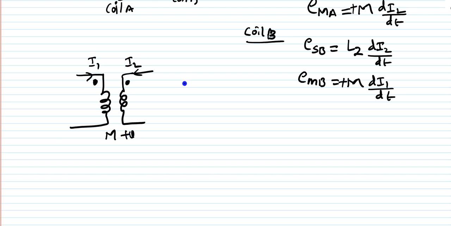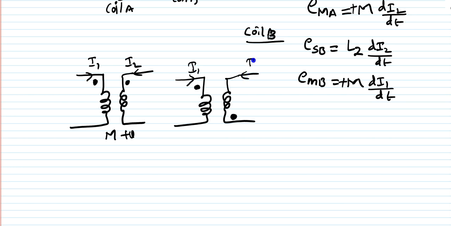Another scenario is this one, with a dot point here and a dot point here. The current I1 is entering at this dot point in coil 1, but in coil 2 the current is leaving at the dot point. So what is the meaning? You can say M is negative.